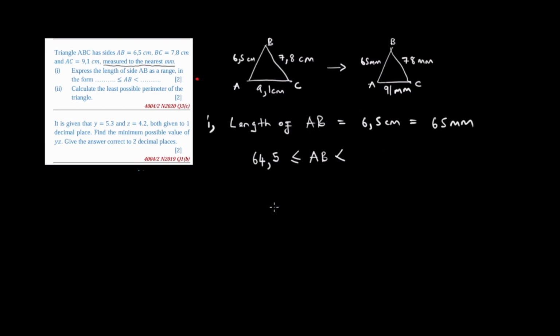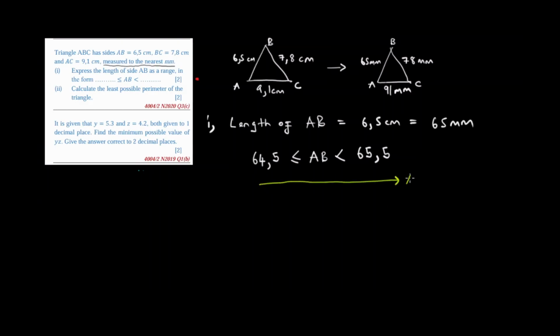What about the largest number that rounds to give 65? Because AB should be less than something. So the largest number, the biggest number, wherever you put it, is 65 and we said 0.5, and I'm going to explain why. Of course, if we take 65.5 and round to the nearest 1 millimeter it gives 66. But the trick here is that AB will be less than 65.5. Do you see? It means if we had put this on a number line, it would come out like so.